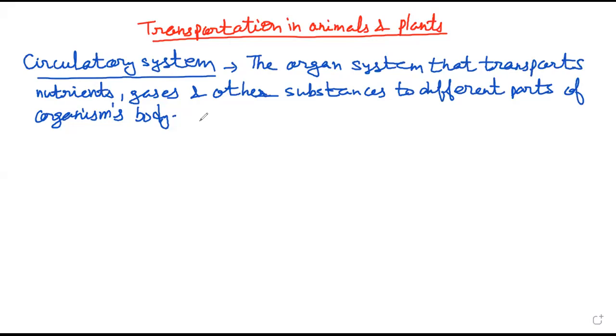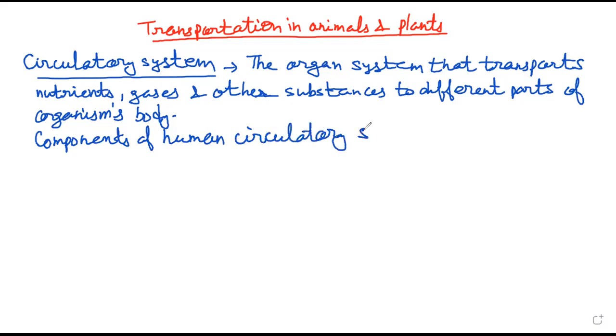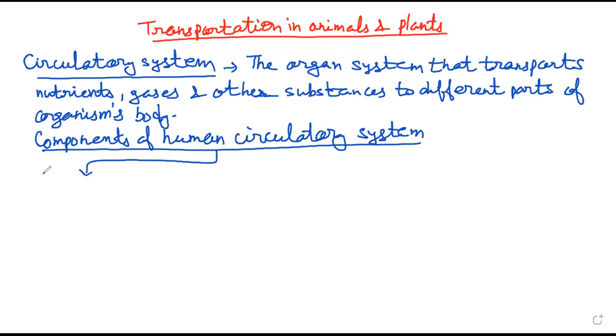Right? The circulatory system in human beings has three components. First is the blood, which acts as a medium to help transport different substances.